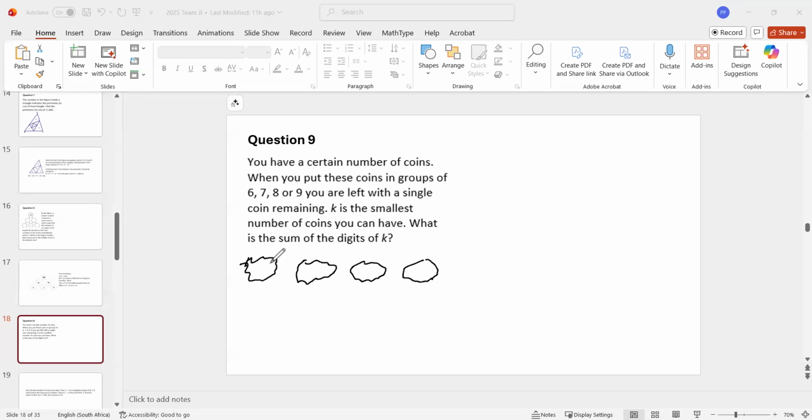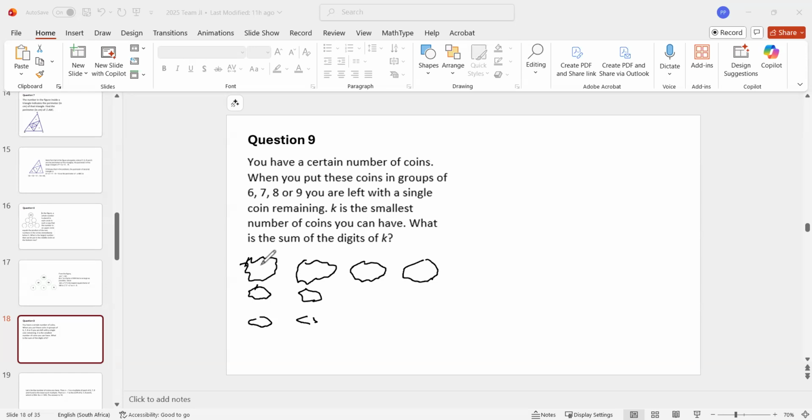We don't know how many groups there are, so it could be more than one group. They're all groups of, and you have one remaining each time. Okay, so what does this mean?